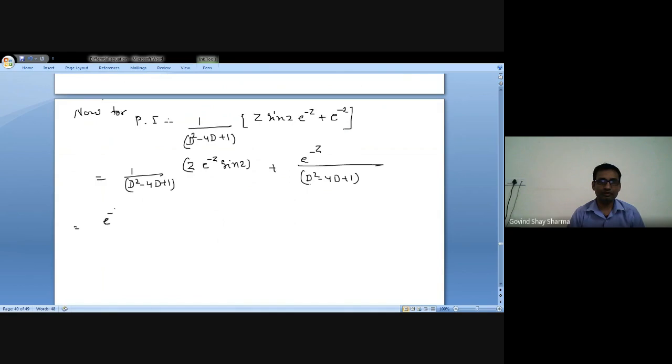Here we have z sin z, and for D plus alpha we put D minus alpha. So in the first term we put D minus 1, minus 4 times D minus 1 plus 1, and again for e to the power minus z we put D minus 1.